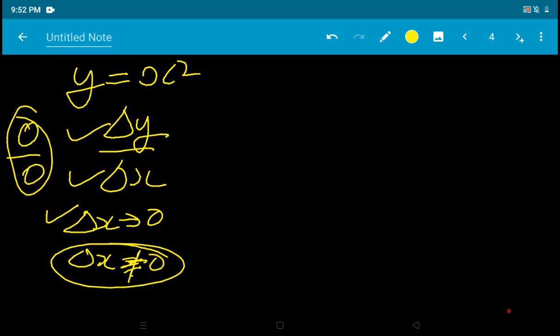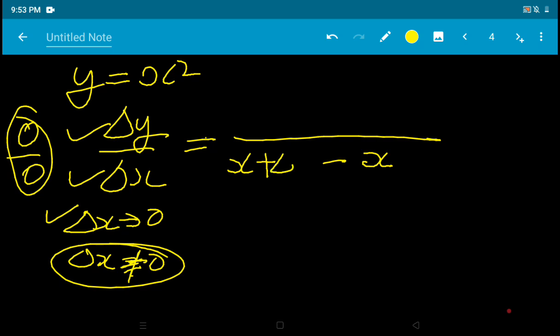So in the above function, let's plot it. Suppose x changes its value to x plus delta x. At x the value of y is x square, and at x plus delta x the value of y will be x plus delta x, squared. I will be solving this now.